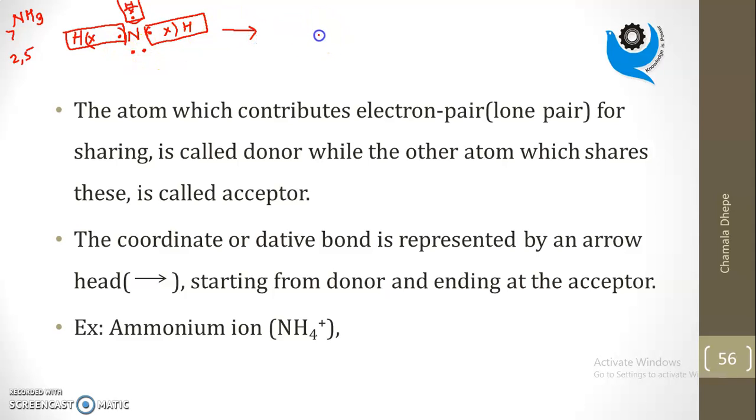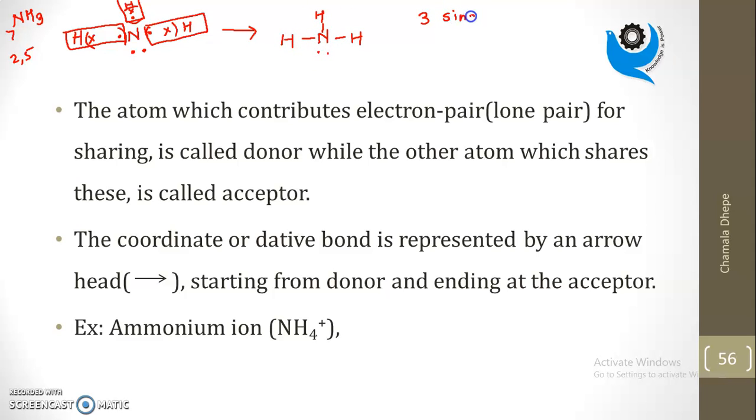So here I am going to represent it like this. If only one pair is shared, which bond is formed? A single covalent bond is formed here. Getting me? Here single covalent bonds are formed. So in the ammonia molecule, how many single covalent bonds are present?